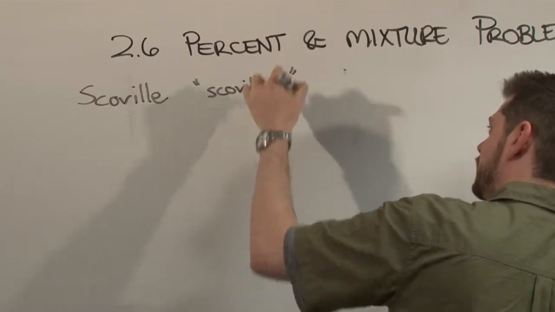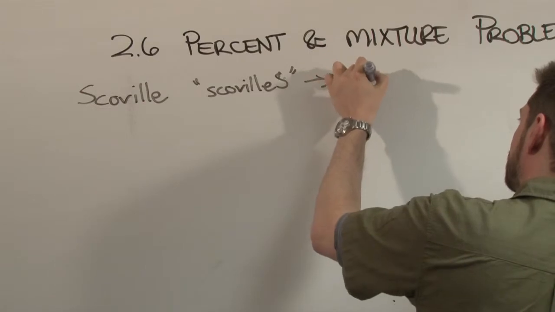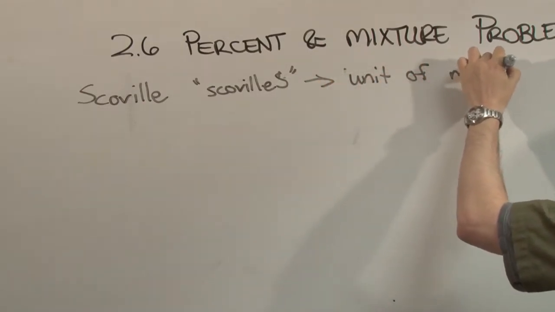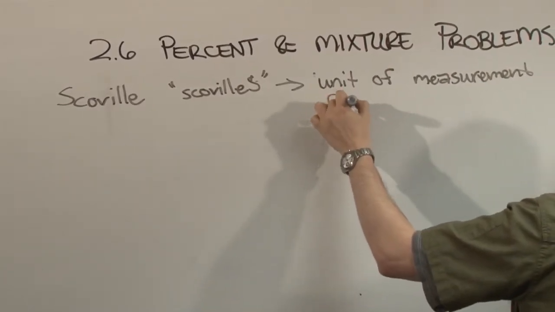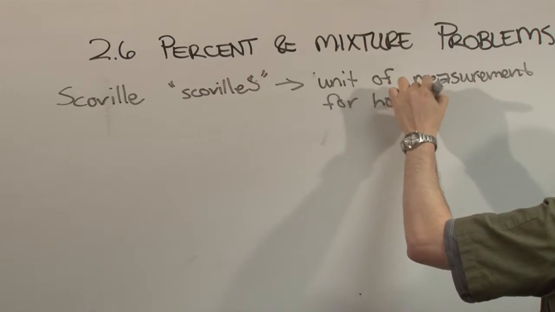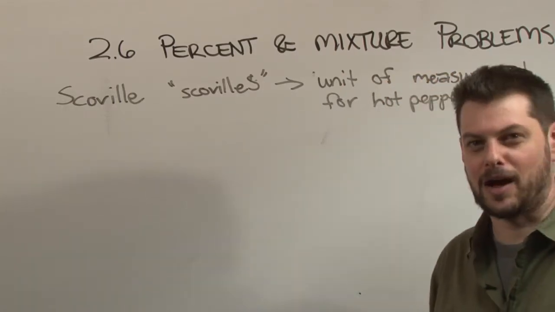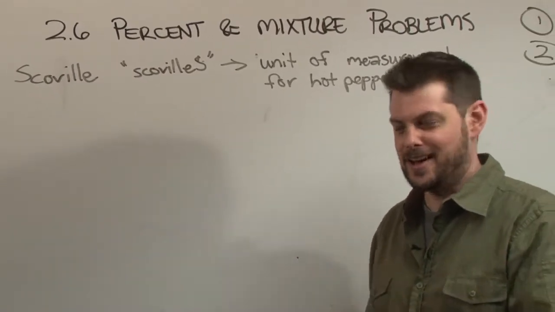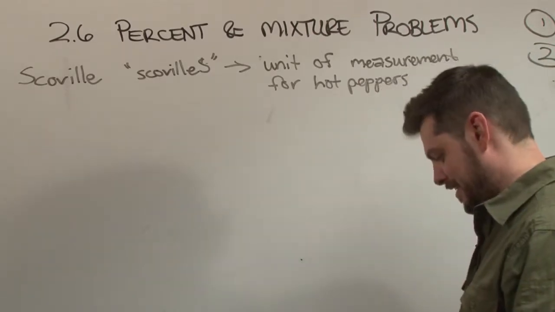It is the unit of measurement that measures the hotness of a pepper, for hot peppers. I was blown away that there was some quantity that we used to measure pepper hotness. I just wipe my face. That's how I do it.